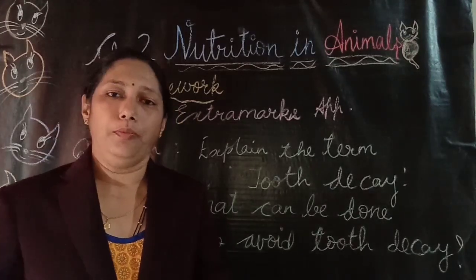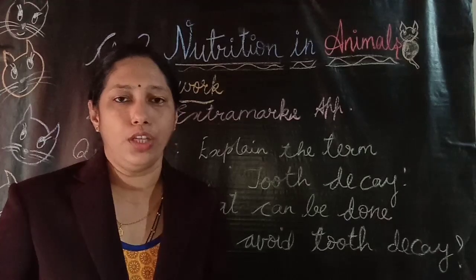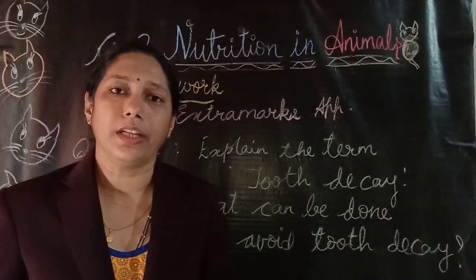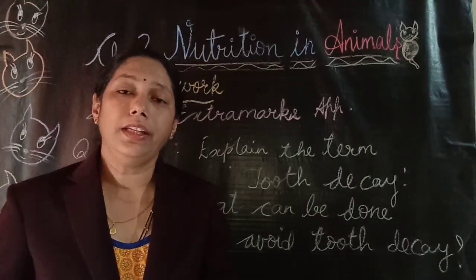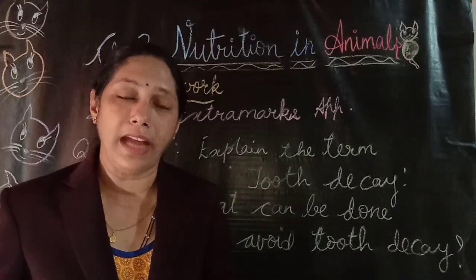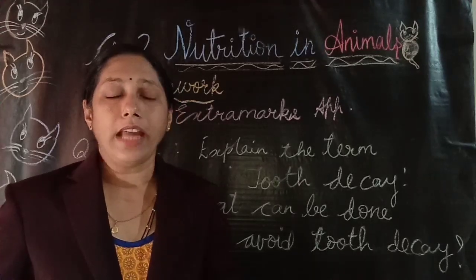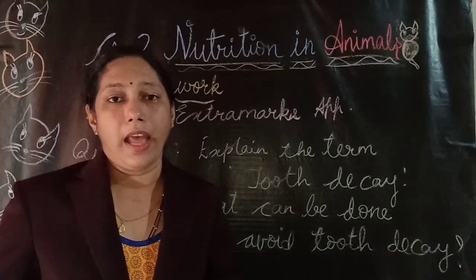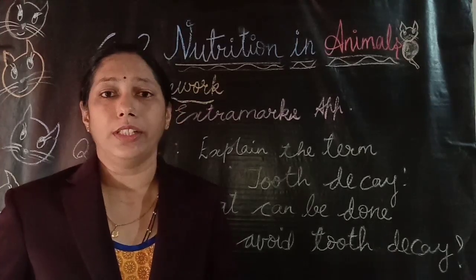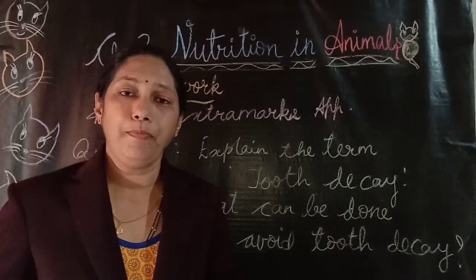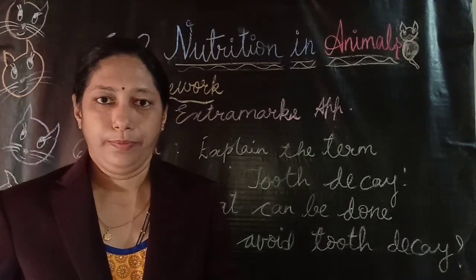Then through the food pipe or esophagus it reaches the stomach, and in the stomach it is digested by digestive juices secreted by the stomach walls. These digestive juices contain the enzyme pepsin which converts the proteins into simple amino acids.